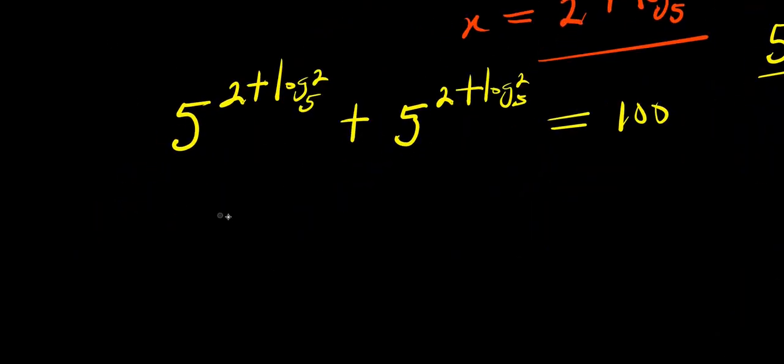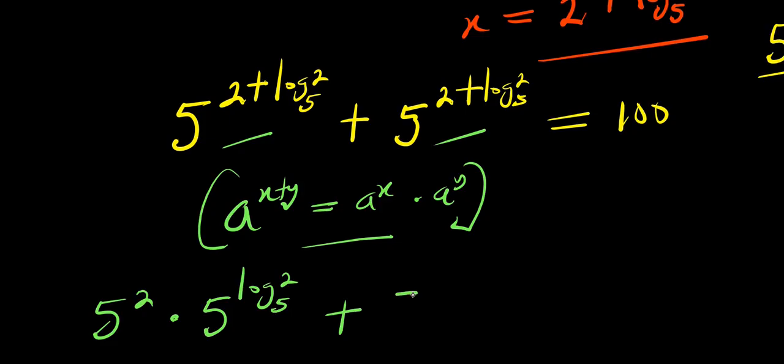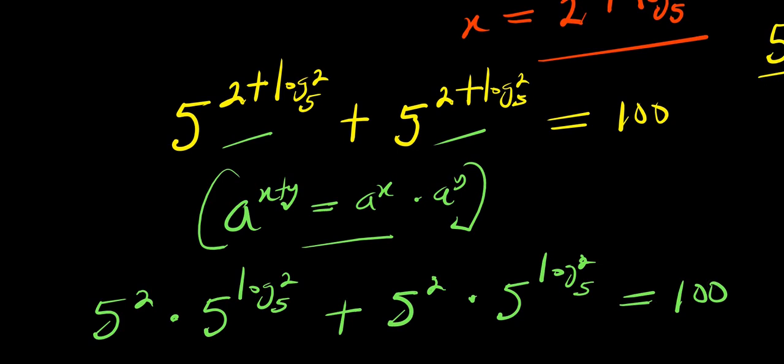Now remember, if you have a^(x + y), this equals a^x times a^y. Applying that here and here, I have 5^2 times 5^(log 2 to the base of 5) plus 5^2 times 5^(log 2 to the base of 5) equals 100.